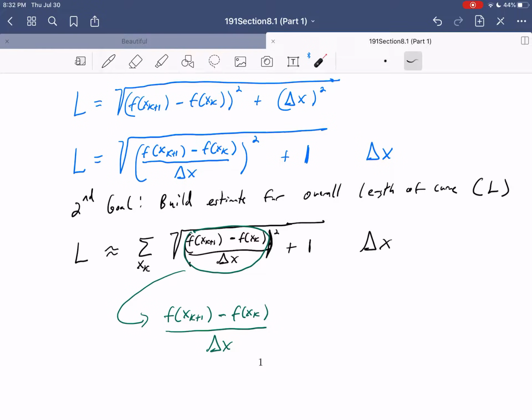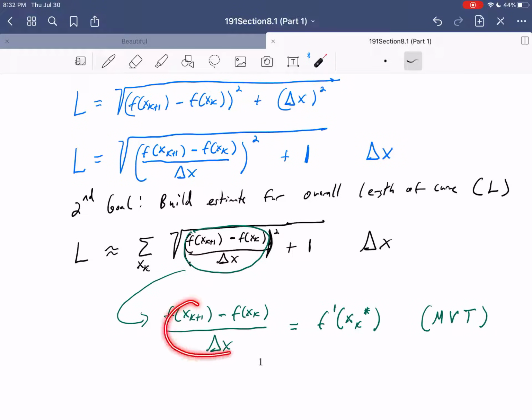And we have a really nice theorem that tells us something about the average rate of change. It tells us that there must be some point where the derivative is equal to that average rate of change. This is what we call the mean value theorem, back from Calc 1.